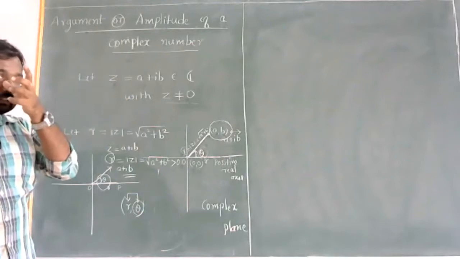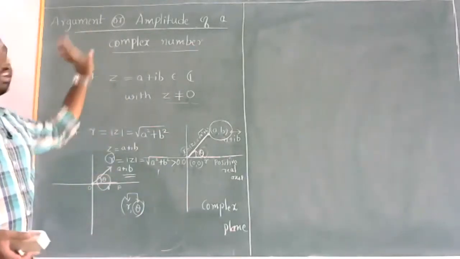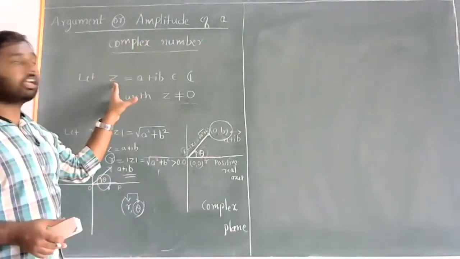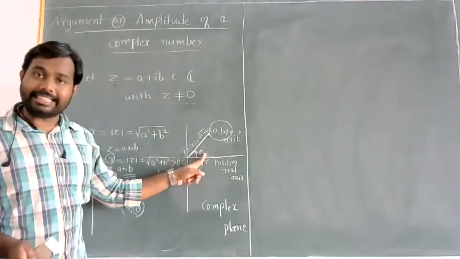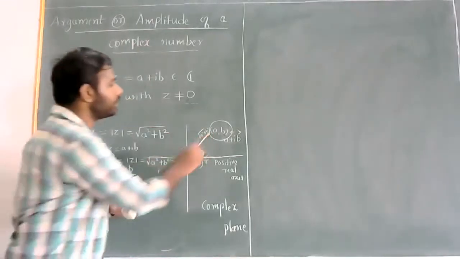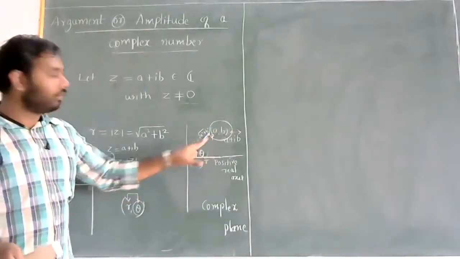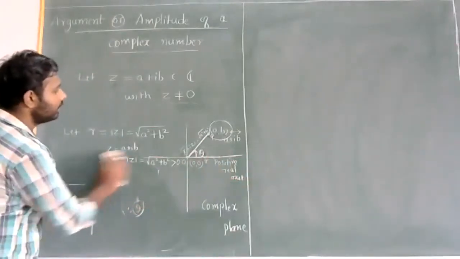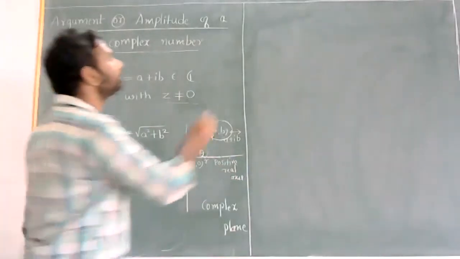So if you want to write the definition for argument, what is that theta? The argument of any complex number z is the angle theta subtended by the line OP with respect to the positive real axis. So this is the definition of the argument of z.